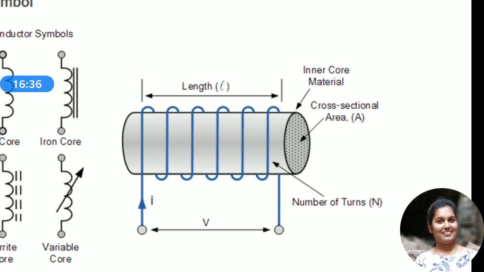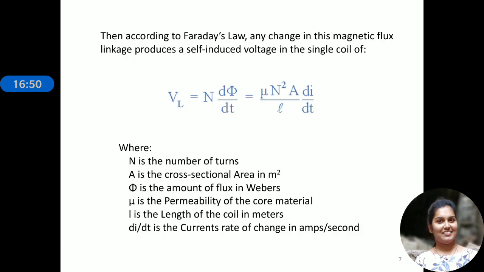Then according to Faraday's law, any change in this magnetic flux linkage will produce a self-induced voltage in the coil, and it will be given by an expression. Here I'll show you the expression.